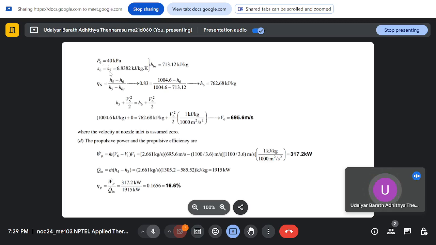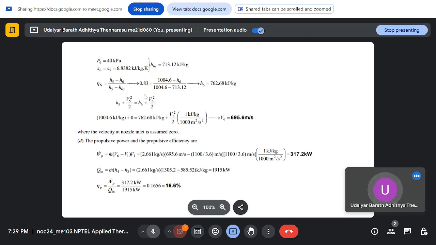Corresponding to this enthalpy, entropy and pressure, my enthalpy is 713.12 kilojoule per kg if the process is isentropic across the nozzle, but the nozzle efficiency is given as 0.83. So it is actual by ideal. With that I can find the actual enthalpy at the exit of the nozzle, which comes out to be 762.68 kilojoule per kg.